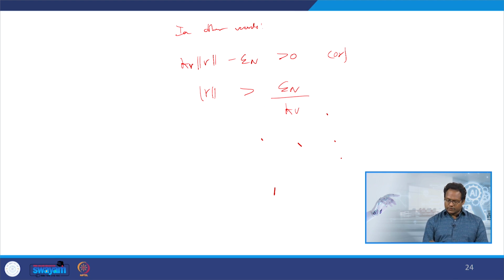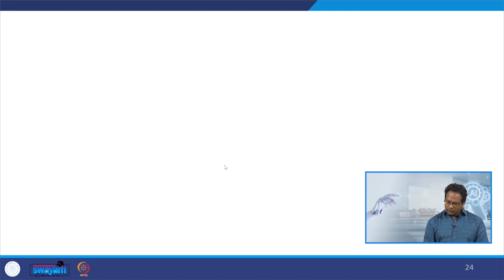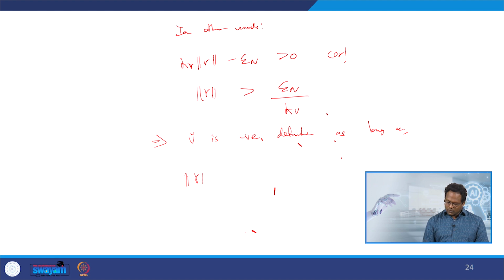So, this implies that V dot is negative definite as long as norm of r is greater than epsilon n by kV.